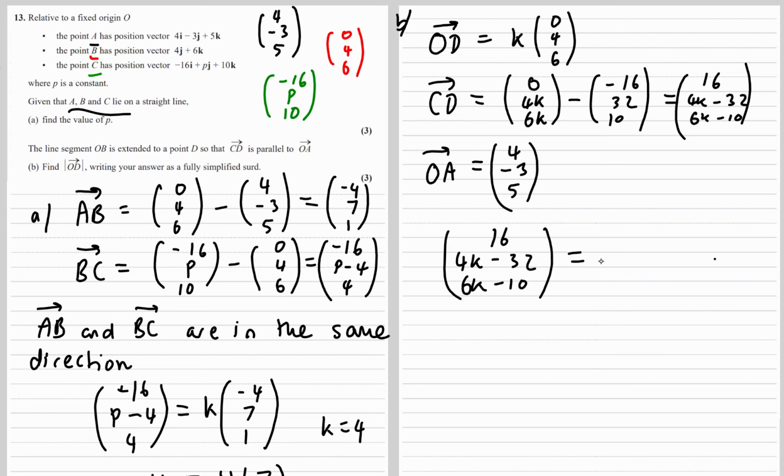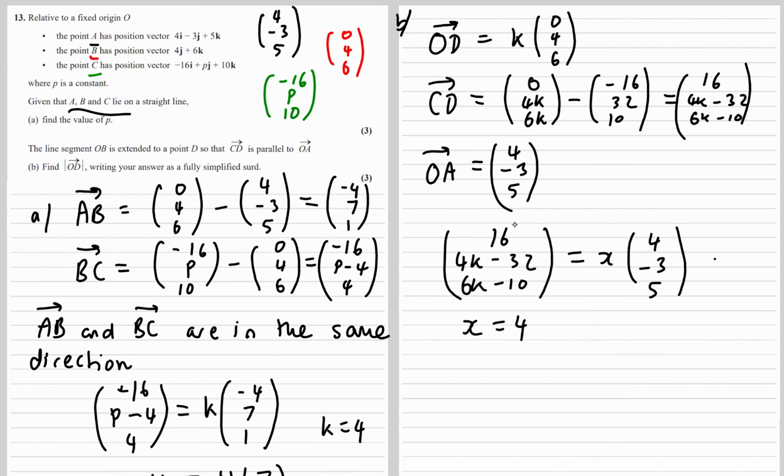I can't use k. I don't know which letter to use. x times 4, negative 3, 5. So from the top line, 16 equals x times 4, so x must be 4. Then we can find what k is using the other lines.